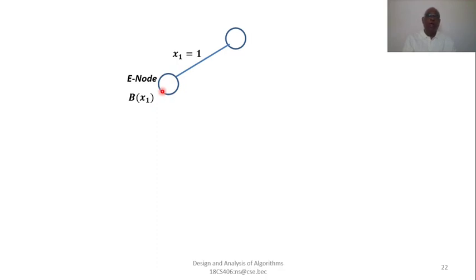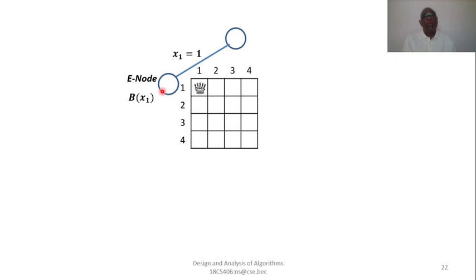The node under consideration is the node which will be expanded, and the solution is explored with this node being expanded. And this is the board configuration corresponding to this E node which is going to be expanded. x1 equal to 1 means the first queen is placed in the first row, obviously, in column 1.